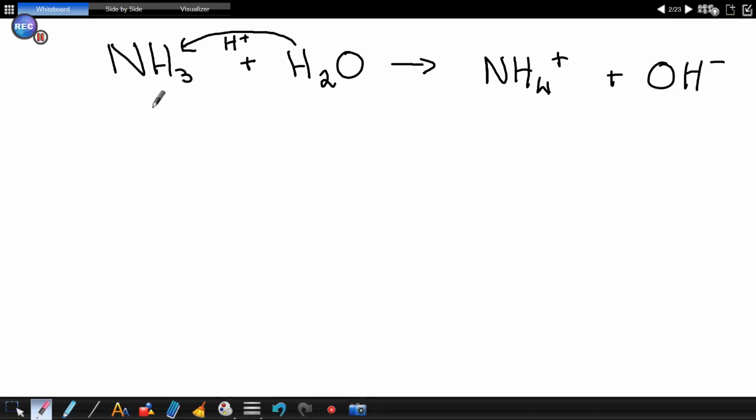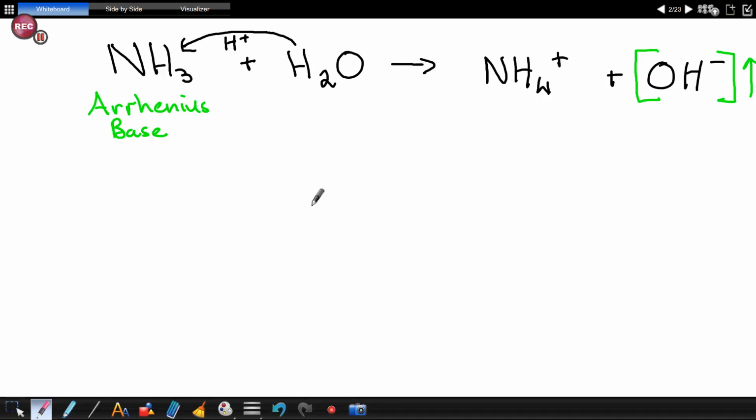So this is, according to Arrhenius, an Arrhenius base. And H2O is nothing in terms of Arrhenius. It's an Arrhenius base because it increases the concentration of the hydroxide in the water.